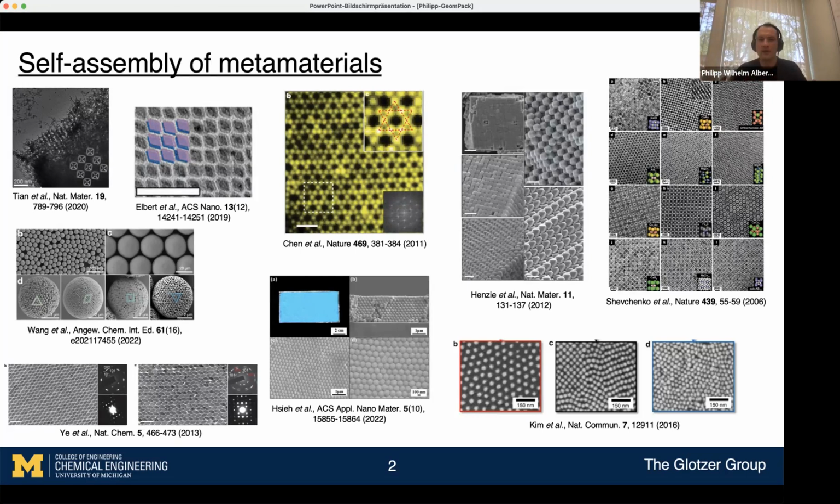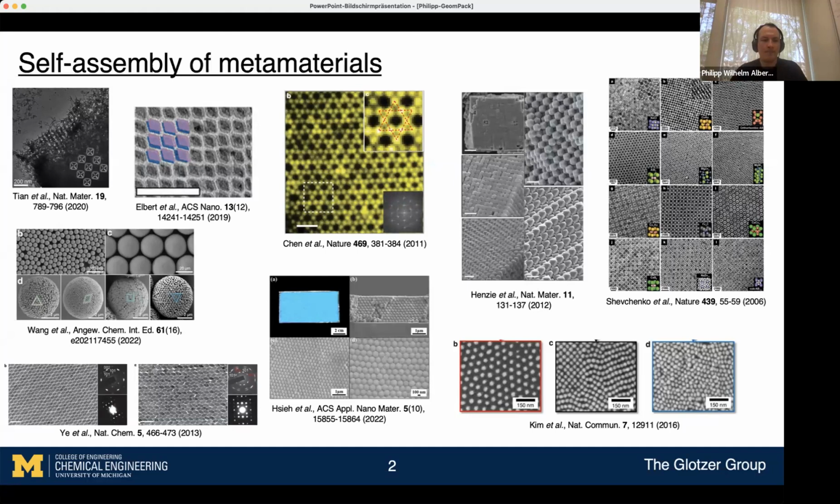And this is just because the synthesis techniques have developed such that we can create different shaped particles. We can create particles with different anisotropic surface chemistry on them, which can be functionalized with DNA or polymers, and so on and so forth. And we can get closed structures and open structures and all of them.